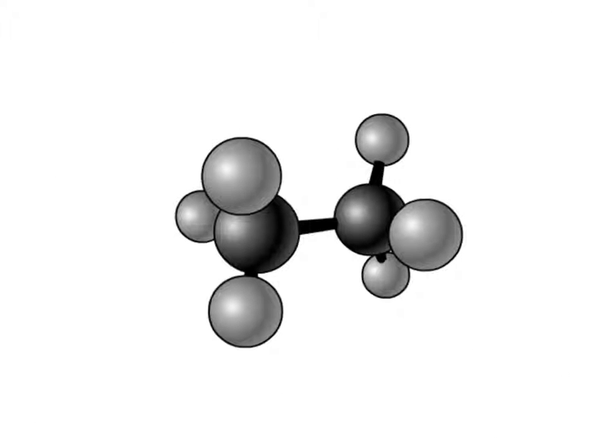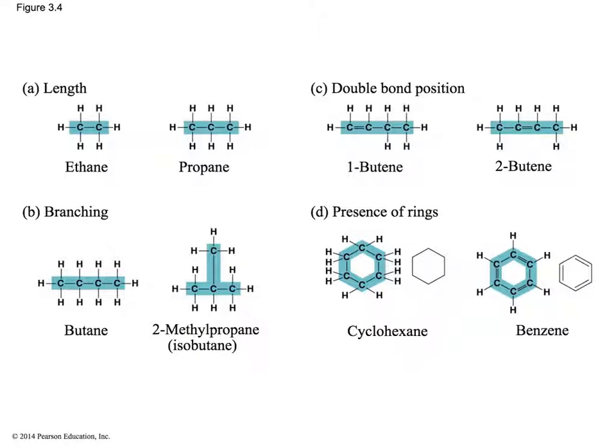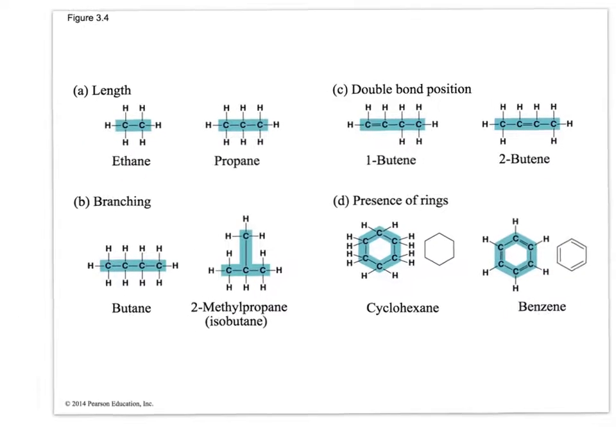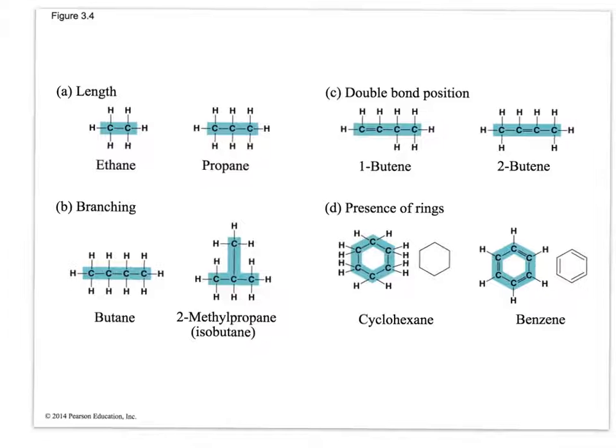Here's a carbon, some hydrogens. This is ethane gas. Now I take one of those hydrogens off and replace it with an OH. That's ethanol. Here's what it looks like. So there's ethane, propane.